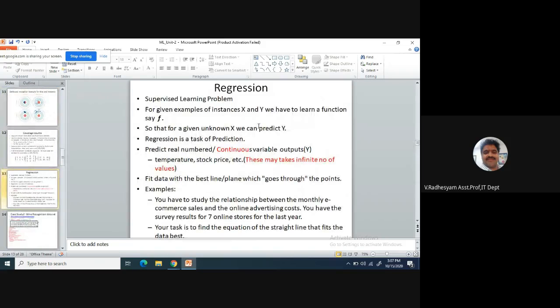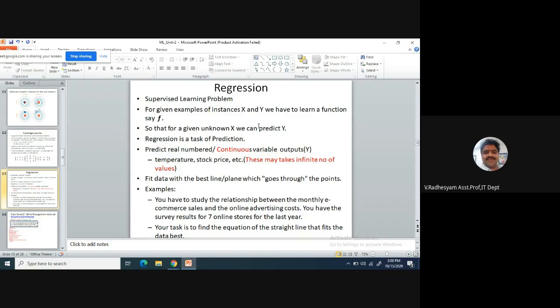One more very, very important thing is regression. Regression is a supervised learning algorithm. It is a supervised algorithm.